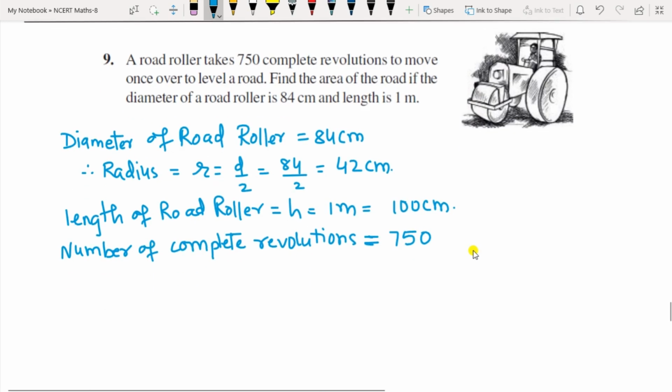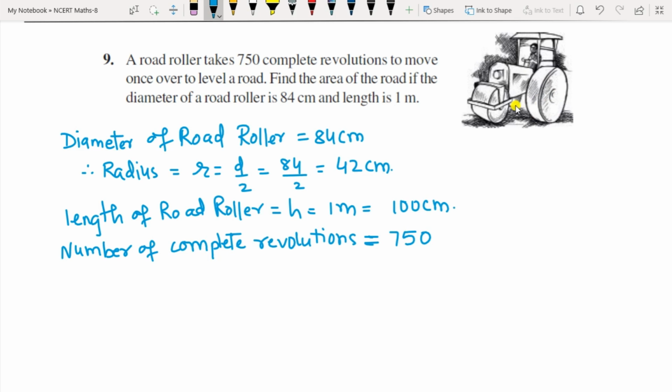The ninth question is, here is a road roller which takes 750 complete revolutions to move once over the road to level a road. Find the area of the road if the diameter of the road roller is 84 centimeter and length is 1 meter. So this road roller is completing 750 revolutions to level a road.